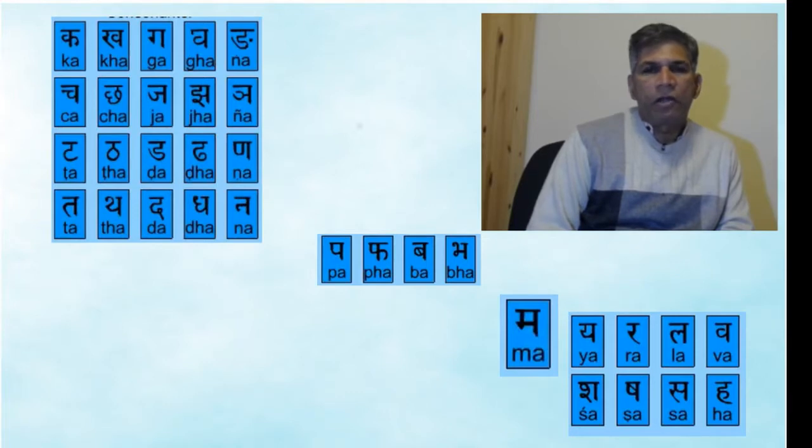Here on the top left, we see the physical space represented by 20 Sanskrit letters, the middle 4 representing the subtle space, and towards the bottom we have the space of consciousness, and there are 12 letters in it, and in between the subtle space and the space of consciousness we find the letter Ma, which we discussed earlier, which represents the individual consciousness or human consciousness. Now we can take a word, for example, Mana.